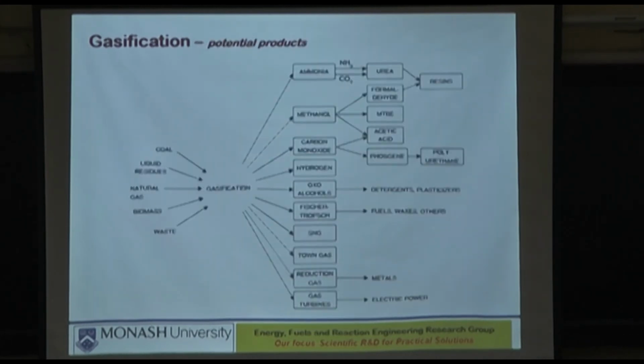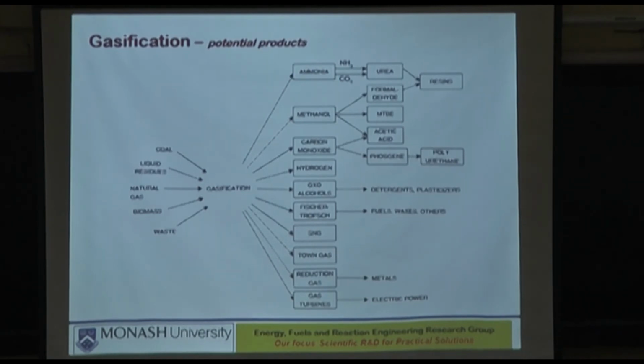Okay, so the beauty of gasification is that you can generate any number of products that you want. The building block is, you can gasify almost everything, from waste to coal to liquid residues and natural gas to petroleum-based feedstock, anything.